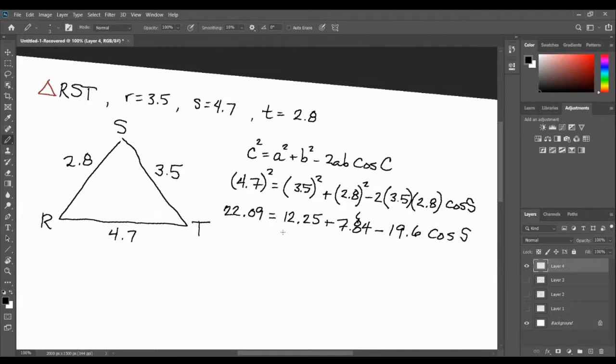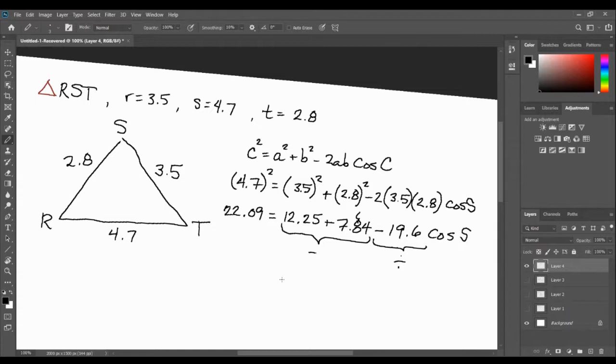All right, so I need to subtract these two, and then I need to divide by negative 19.6 on both sides. So 22.09 minus 12.25 minus 7.84 is 2.